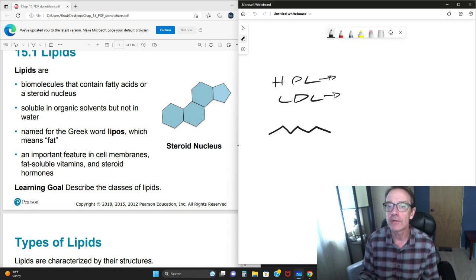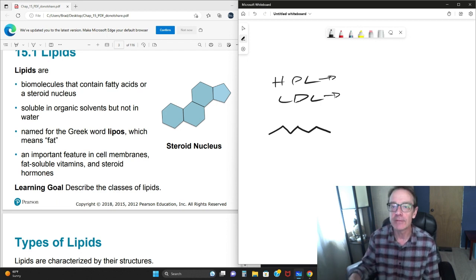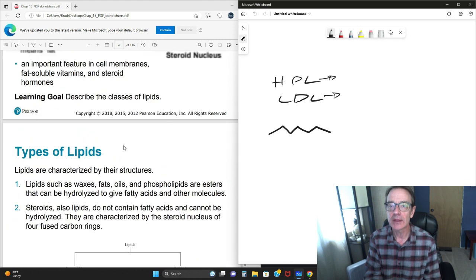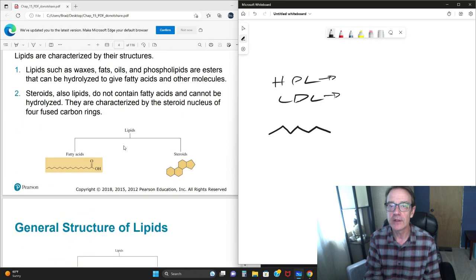Those are the 4 rings that are in every steroid. The word lipid comes from the Greek lipos, for fat, for obvious reasons, hopefully. And we'll look at the classes of lipids.